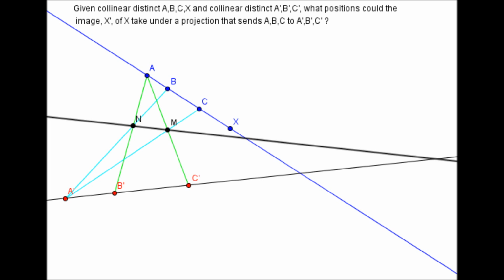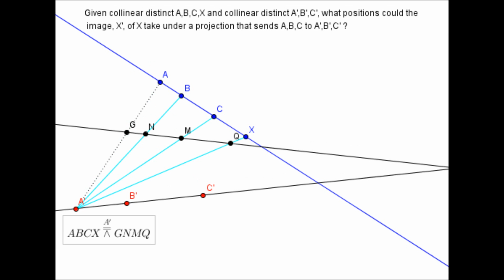And what we're going to do now is 2 perspectivities. One perspectivity is going to be using this center of perspectivity A dash to project A, B, C and X onto the intermediary line. And we'll call the images of those points G, N, M and Q respectively. Now the second stage is kind of symmetric.